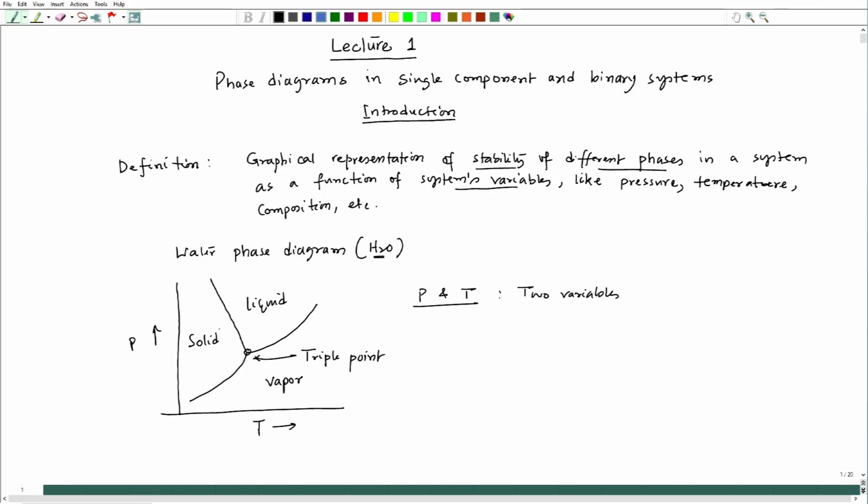So, if we try to look at this particular line, this line is basically called the solid liquid equilibrium line. This line is the liquid vapor equilibrium line, and this one is the solid vapor equilibrium line.